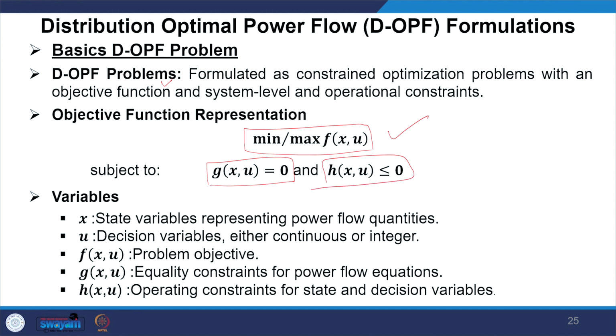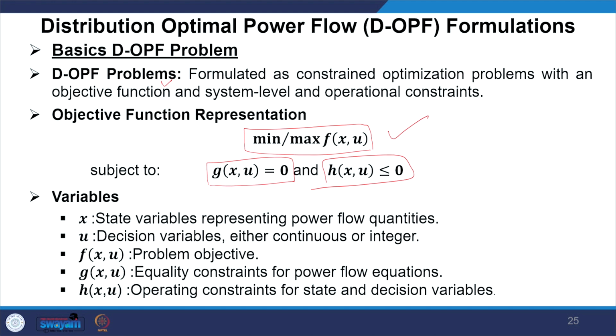So, this is a very basic standard format for your optimal power flow, where x defines state variables representing power flow quantities, u defines decision variables, either continuous or integer, f(x,u) is the problem objective, G(x,u) is the equality constraints for power flow equations, and H(x,u) is the operating constraints for state and decision variables.